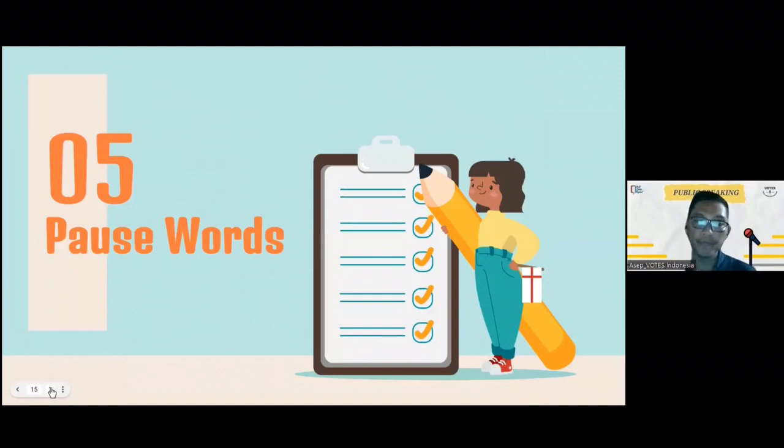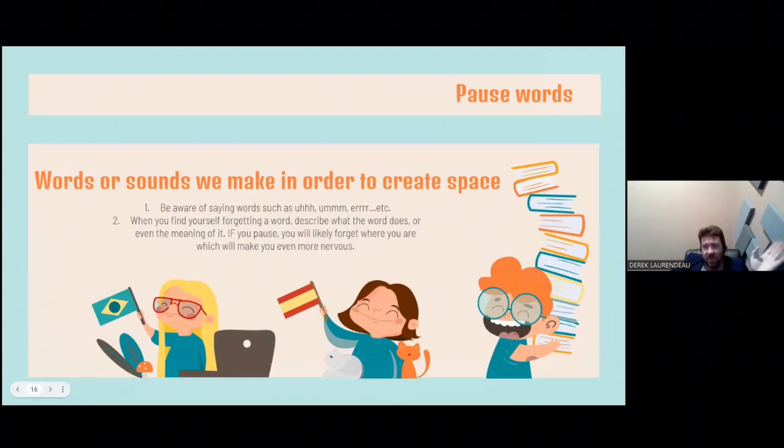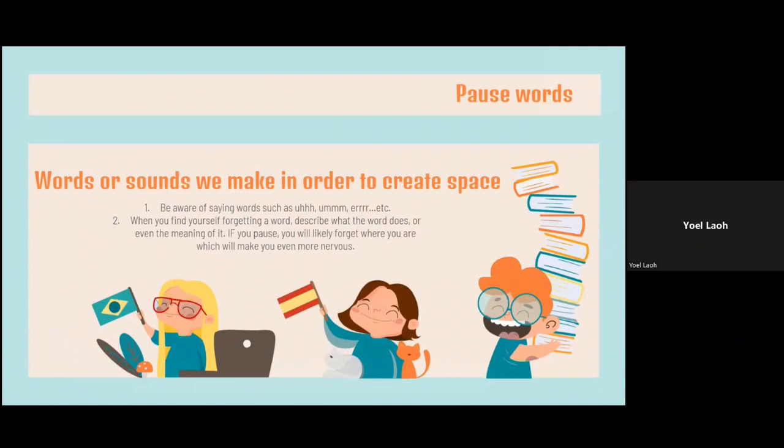This one is difficult, and it's because we all do it. Everyone does it. Every language has different ones, but some pretty universal ones are... and it's okay. We all get nervous.